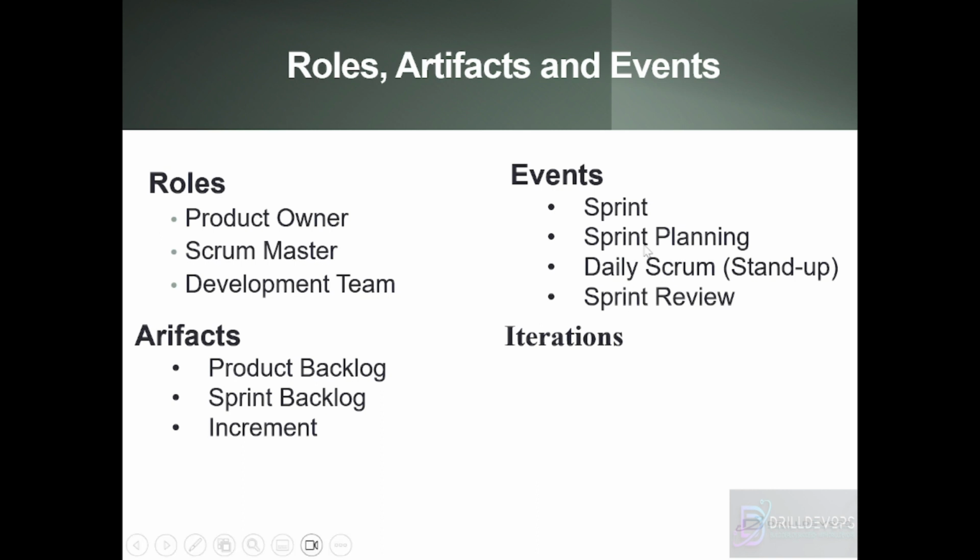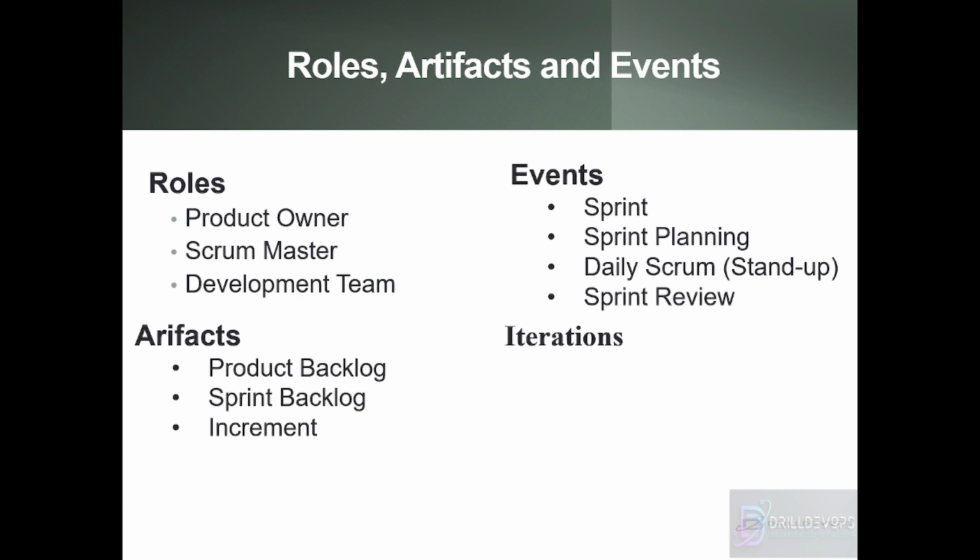Other times it happens together. In a product based company, sprint planning and review happen in the same meeting because there is no such thing as a stakeholder. It is all the same product company that handles that. So during the sprint backlog, we take the items from the product backlog on a priority basis, and we try to deliver them by the end of the sprint. So that is what the sprint backlog is.